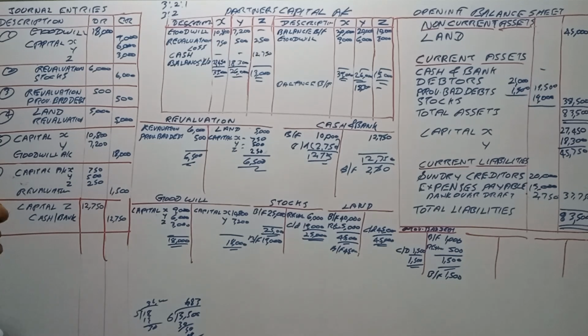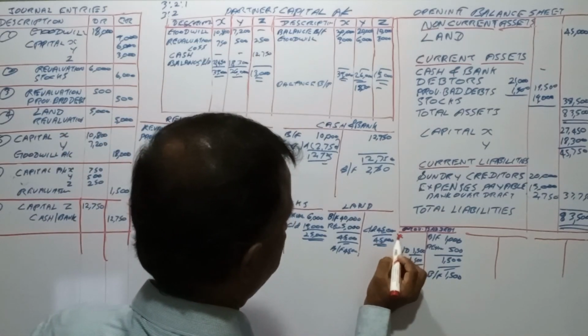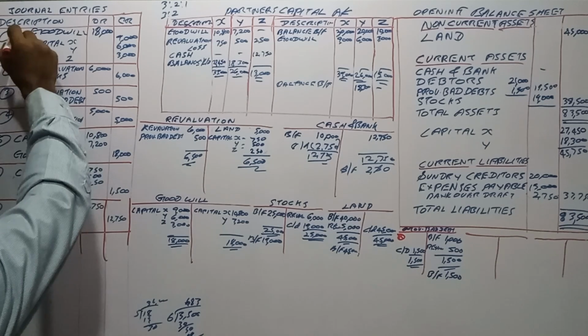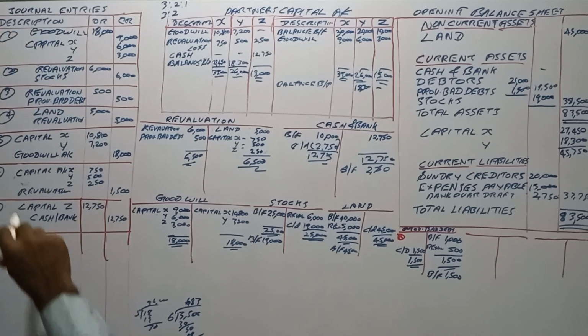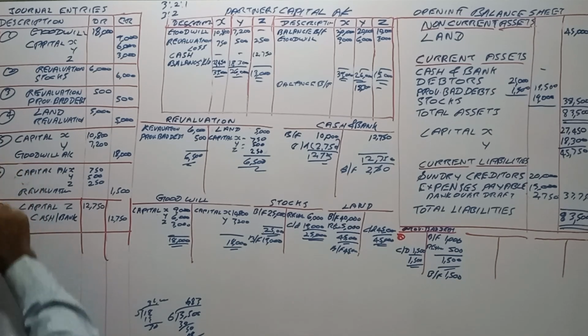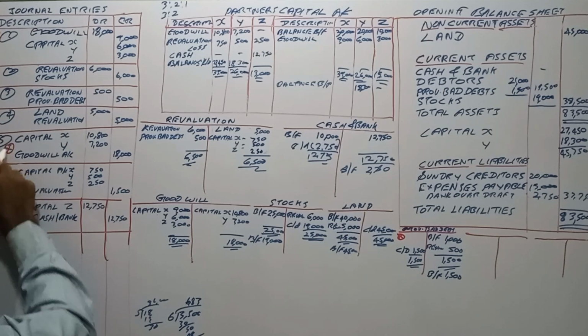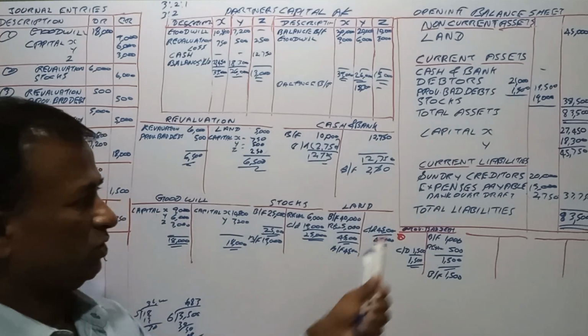This is the account where you will get stuck: provision for bad debts. Carefully note the provision for bad debts, the creation of capital, and the creation and writing off of goodwill. You know the provision for bad debts.